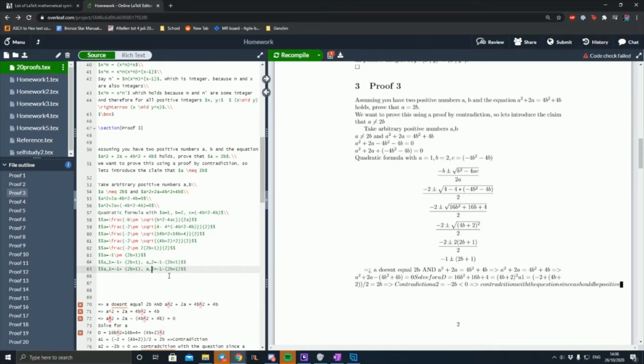So that means A1 is equal to 2b, and A2 is minus 2 minus 2b. Okay.